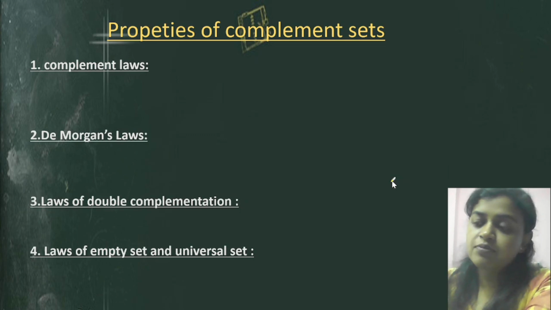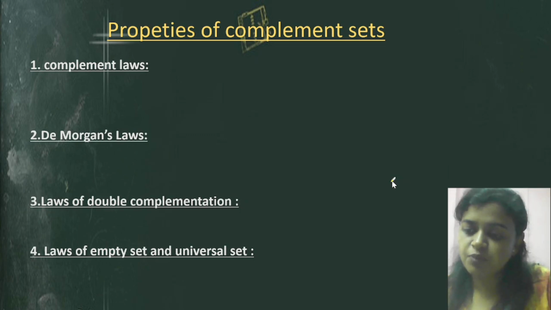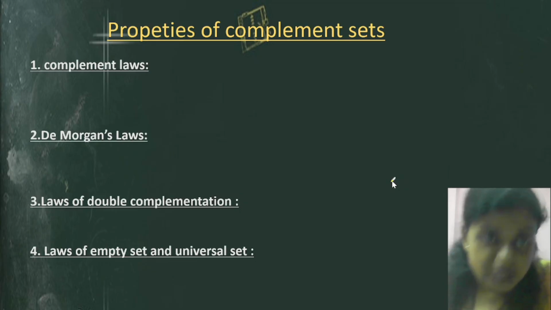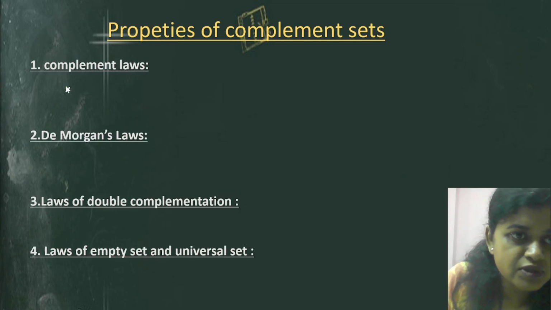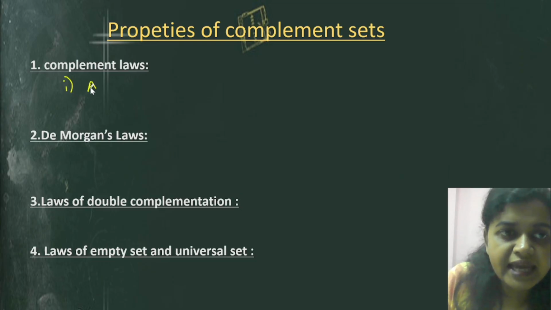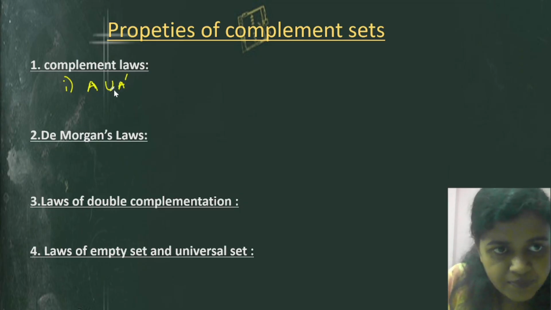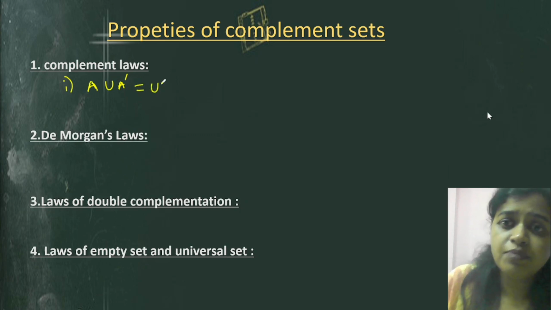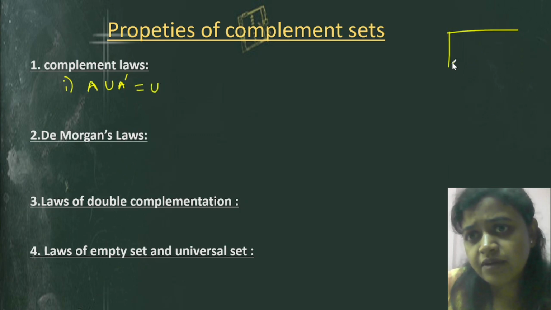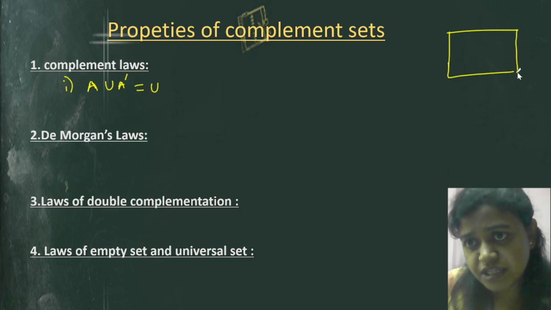We divide these properties based on some laws. So complement laws. What are complement laws? Suppose I take any set A and we find the union of the set itself and its complement, A union A complement. You will get U. How? If we draw the Venn diagram, we will understand clearly.